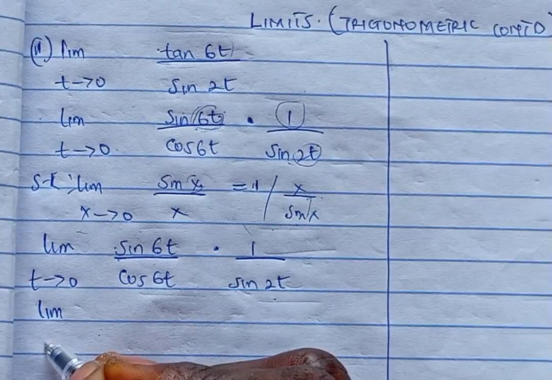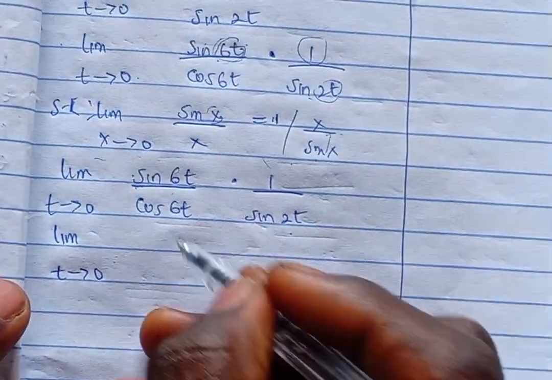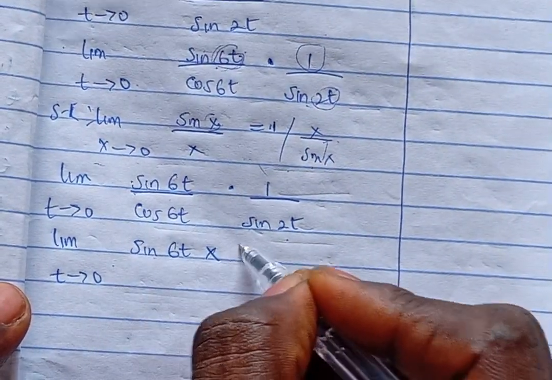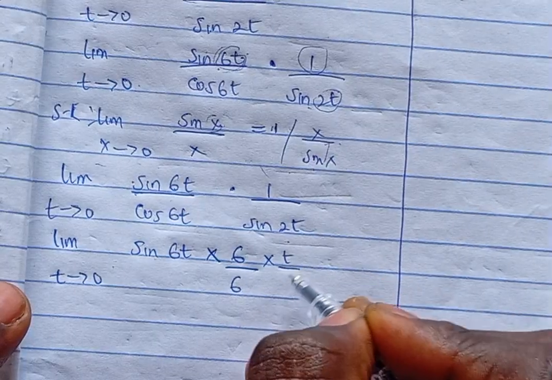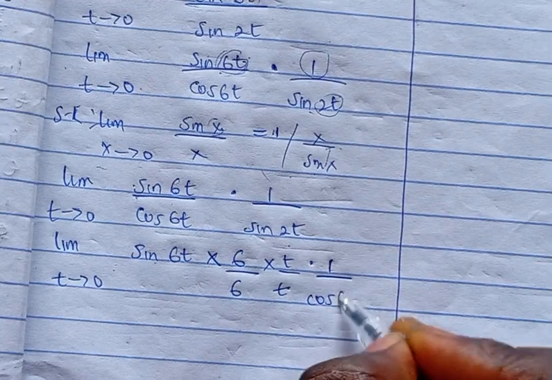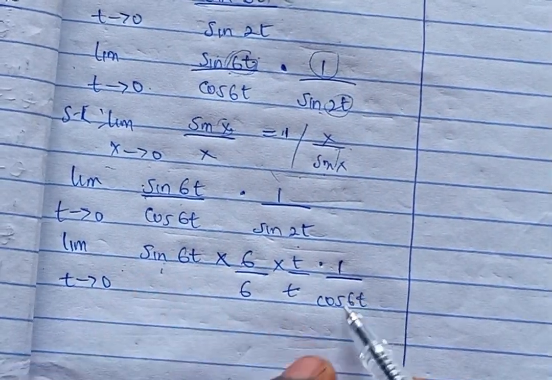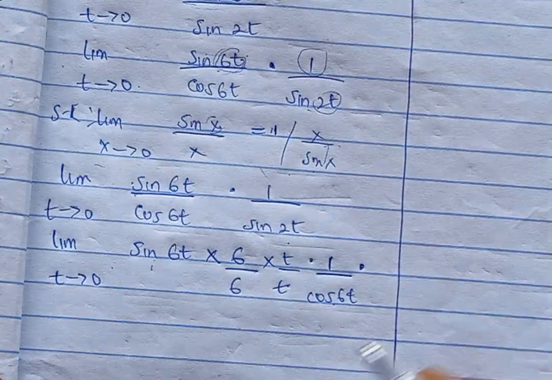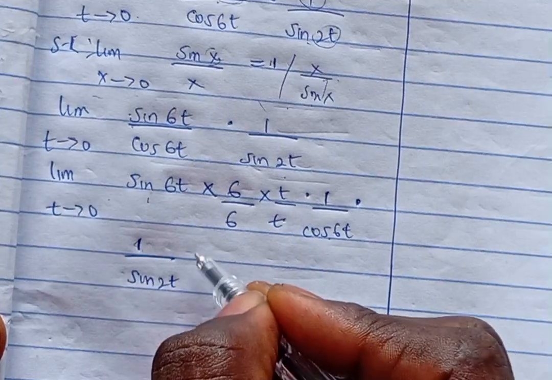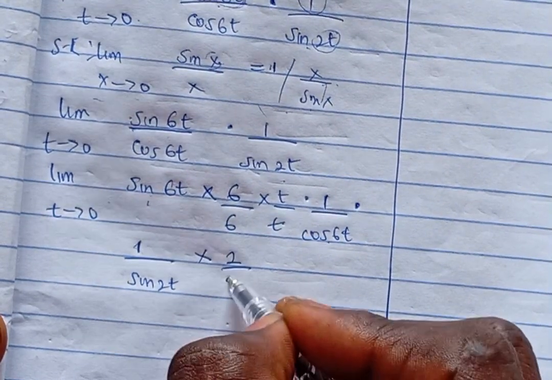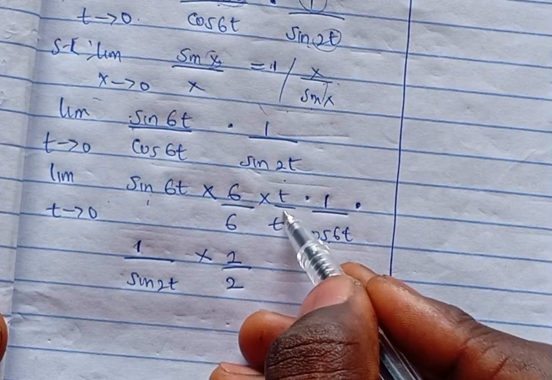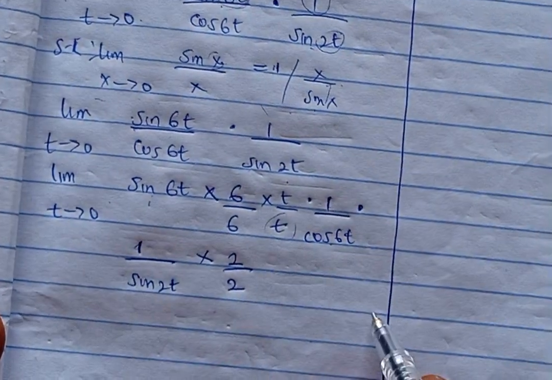I can easily say that the limit as t tends to 0 of sine 6t multiplied by 6 over 6 multiplied by t over t, multiplied by 1 over cos 6t, because I just bring it from here to here, it's the same thing, multiplied by 1 over sine 2t multiplied by 2 over 2. Do you get what I'm saying? Because I can make use of this t. I don't need to be saying multiply by t again.